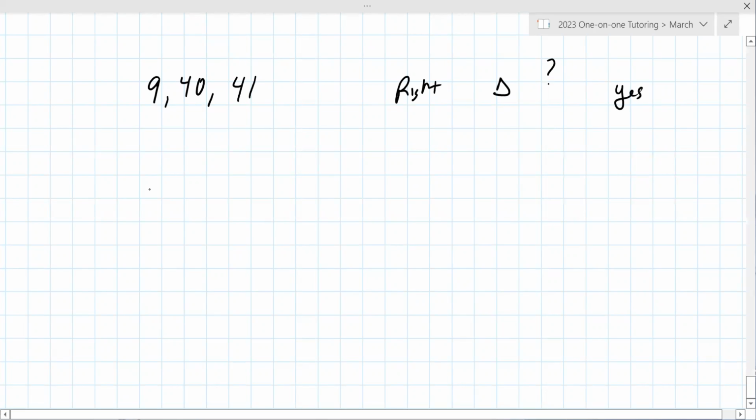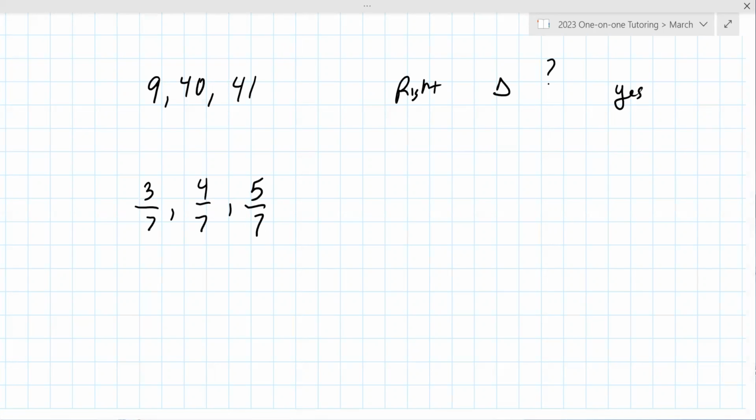How about this one? 3/7, 4/7, 5/7. The 5 would be 25 over 49 equals 20... No, it couldn't be.